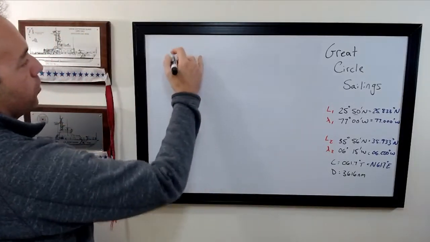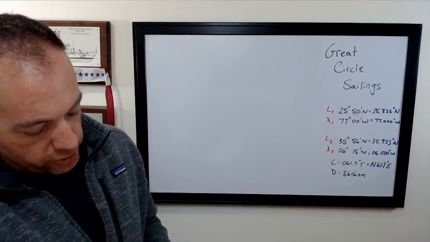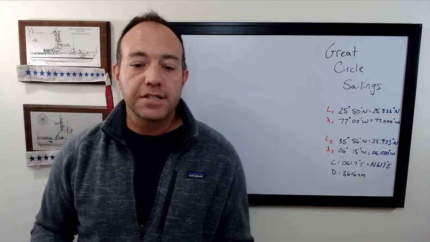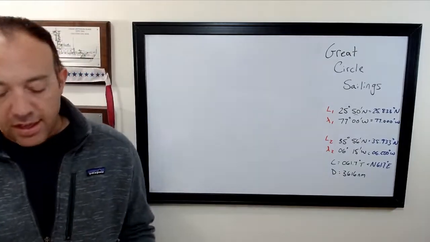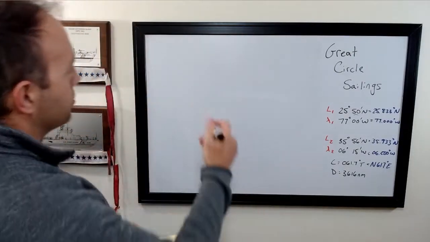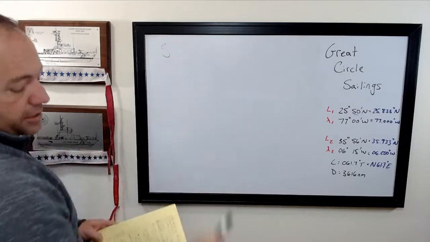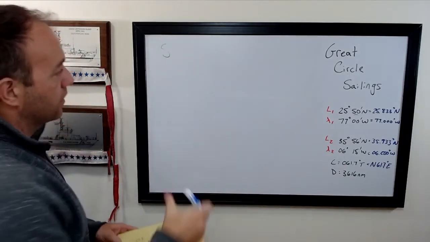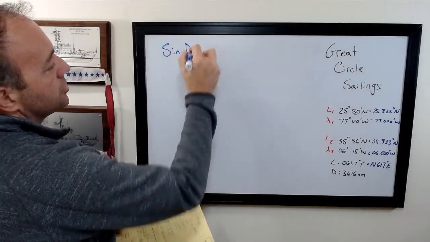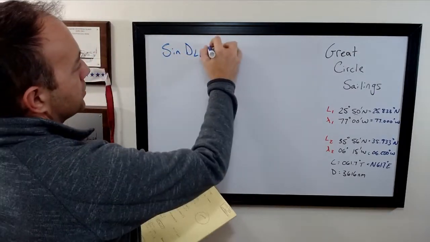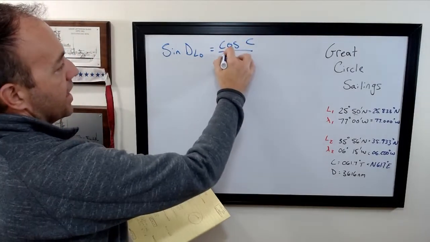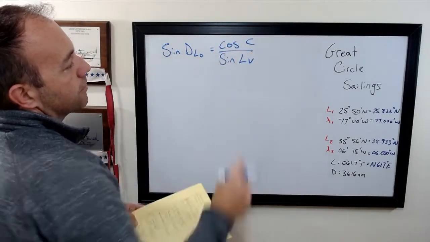So the formula for the longitude of the vertex is going to be related to what's called the difference in longitude, or DLO, another formula right from Bowditch. So rather than show it to you, I'll just draw it up here. The formula is: the sine of the difference in longitude is equal to the cosine of the course over the sine of the latitude of the vertex.